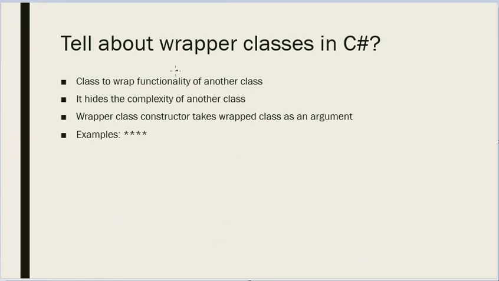So what are wrapper classes in C#? Wrapper classes, in short, are classes which encapsulate other classes. This is normally done if the inner class is very complex, so we create a wrapper around it and expose the functionality of the inner class to the outside world, so we can use it in other classes.